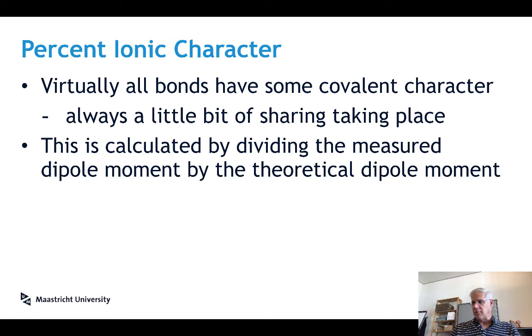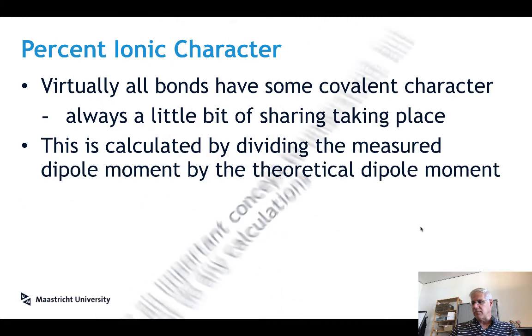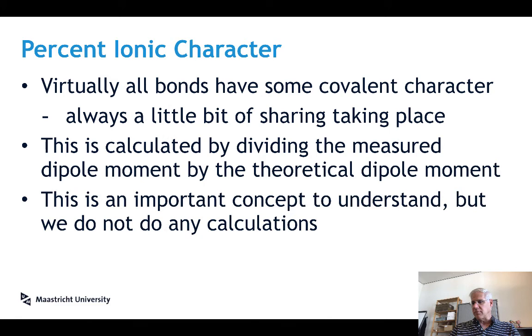And so you can actually calculate the percent ionic character. There's a formula for doing that. We're not going to worry about that. But it does have to do with the measured dipole moment divided by the theoretical dipole moment. So you can actually measure the dipole. Then you have the theoretical one, which is your difference in electronegativity. So just something to be aware of, but again, not something that we test on. It's an important concept, but no calculations.